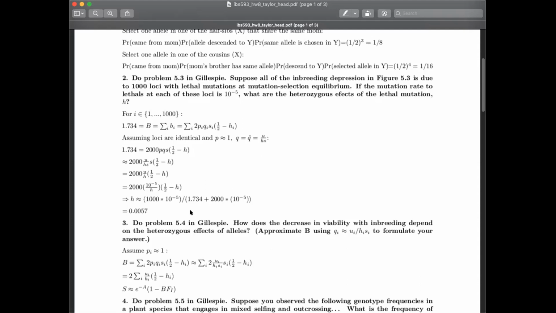So this could easily be off by a factor of 10, one way or the other. Questions about this? But this should be your null model. Why does inbreeding depression exist? It's probably mostly loci that are recessively lethally mutable or close to it, with very, very minor heterozygous effects.